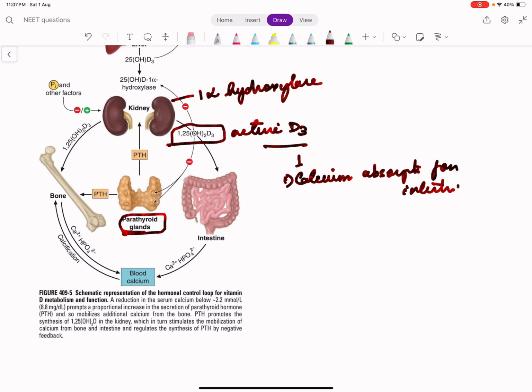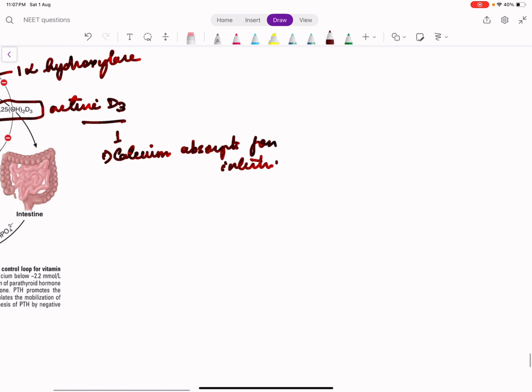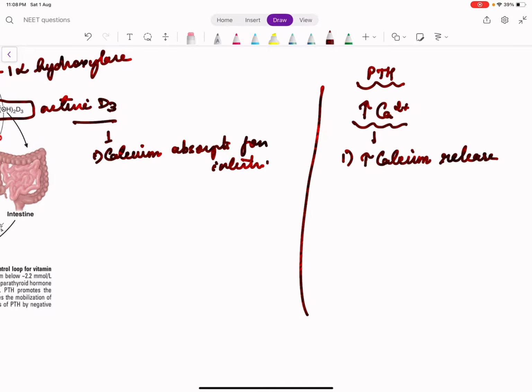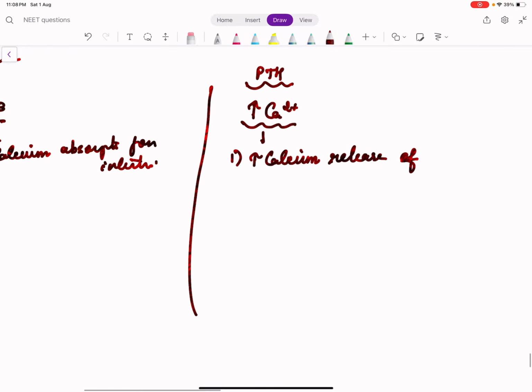Now think of parathyroid hormone. Parathyroid hormone is produced by the parathyroid gland. It has three important functions. The main function of parathyroid hormone is to increase calcium in blood. How all can it increase calcium? One, it increases calcium release from bones. It causes calcium resorption from bones.